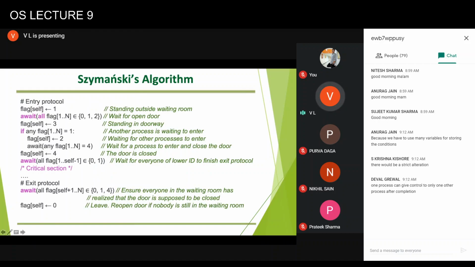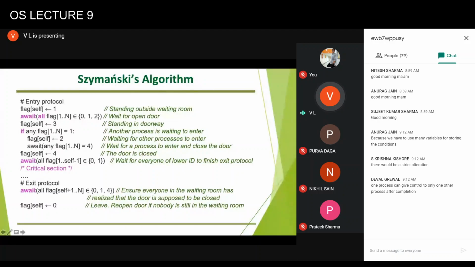Initially, all the processes are waiting outside the waiting room, and each will check whether there is any process waiting at the open door. Otherwise, it will come into the waiting room itself.